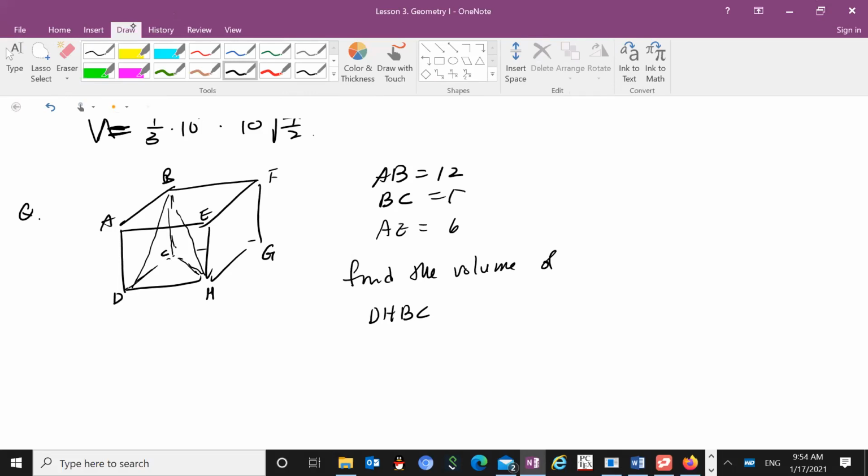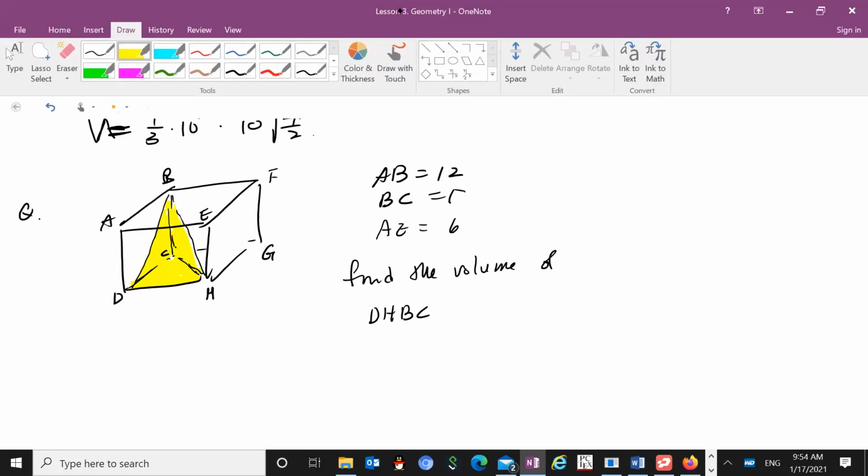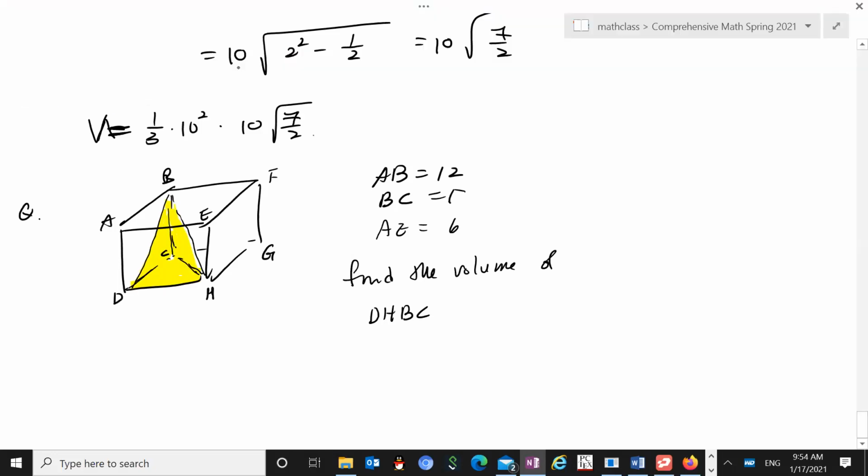Let me color it. So this solid. I want you to look at this and try to figure it out by yourself.